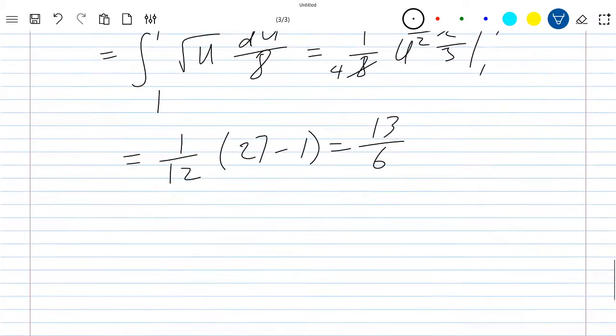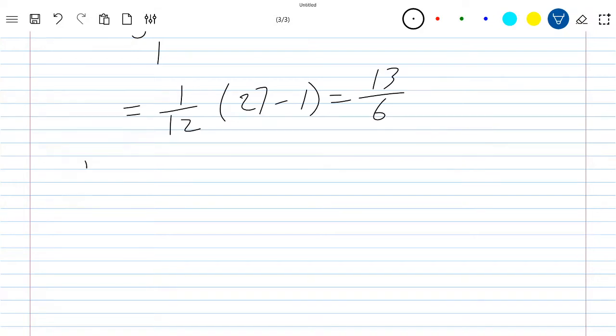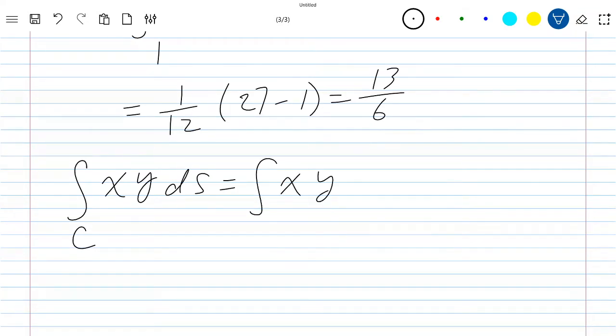Okay. Now let me give you another small challenge. If you have the same curve, but I want to integrate x times y, how do you do it? Well, the same thing, x, y, and this is square root of 1 plus 4x squared dx from 0 to root 2, right? But you have one problem. You have y there. How do you integrate that?